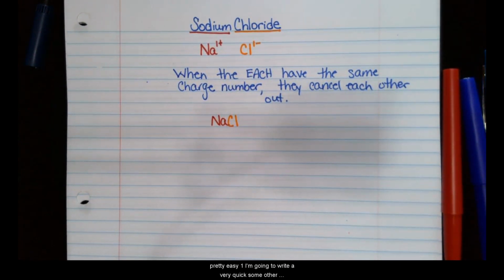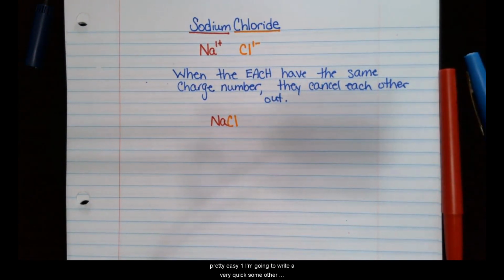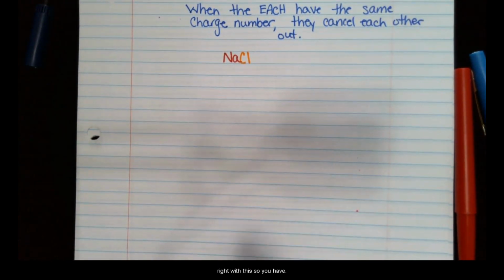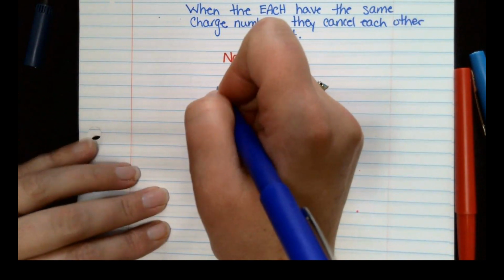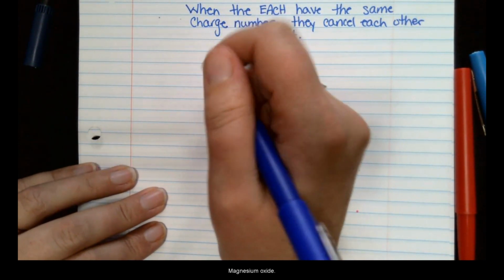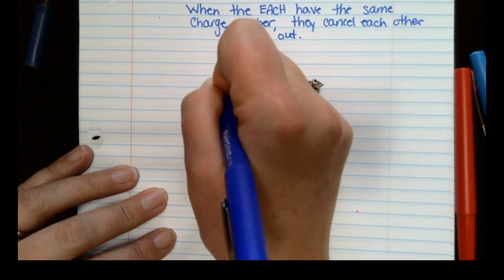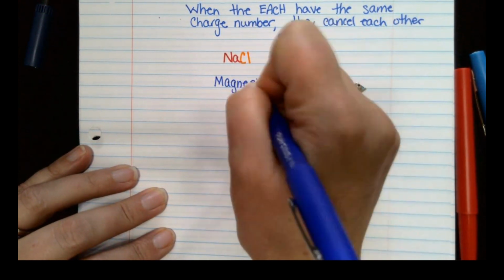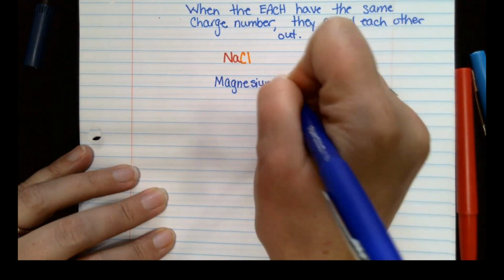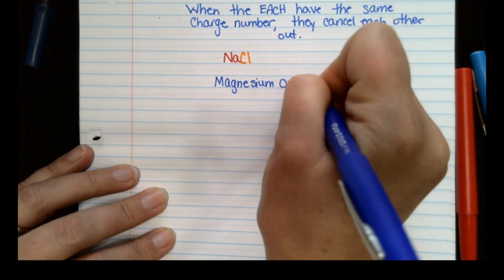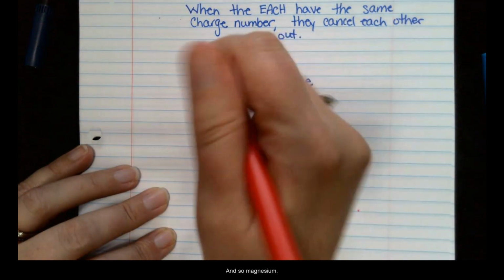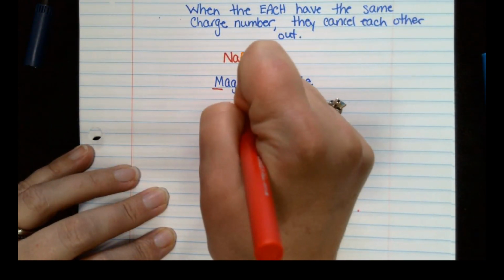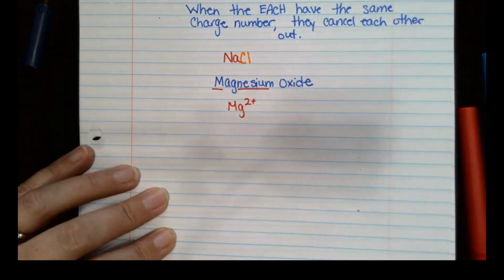So I started with a pretty easy one. I'm going to write a few other quick examples that you may see out there that go along with this. So you have magnesium oxide, and magnesium is our cation, and it's Mg2 plus.